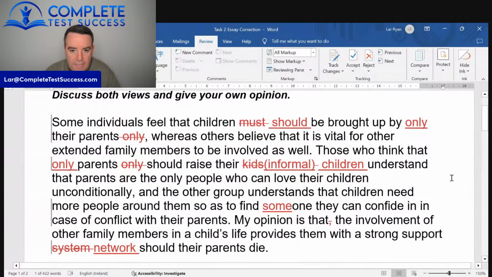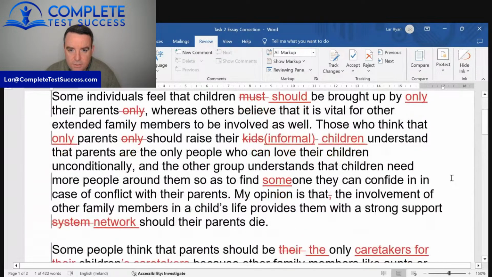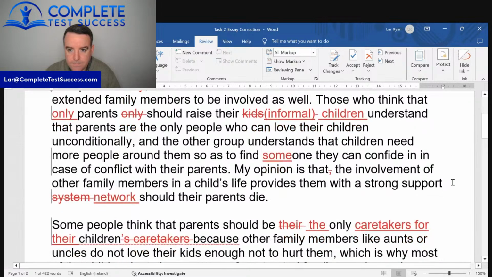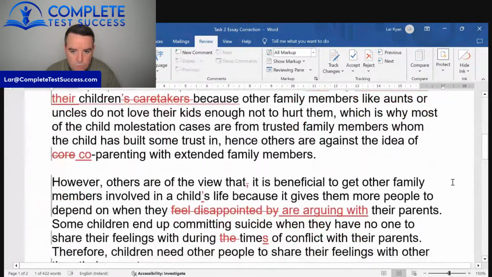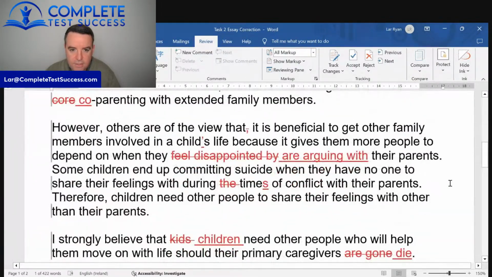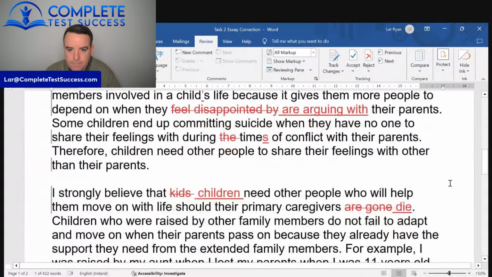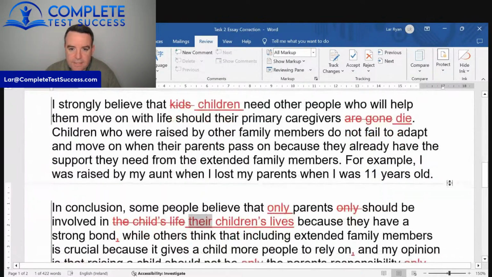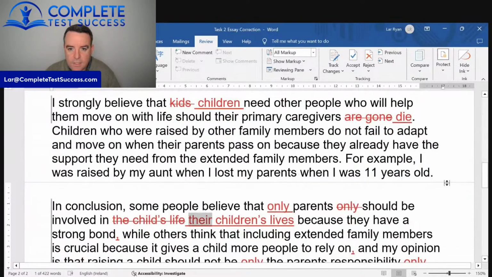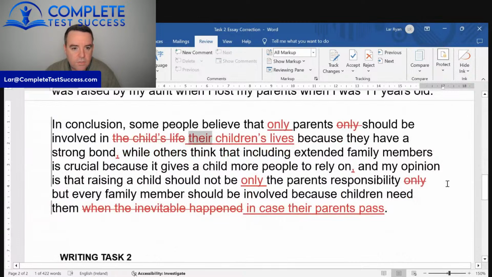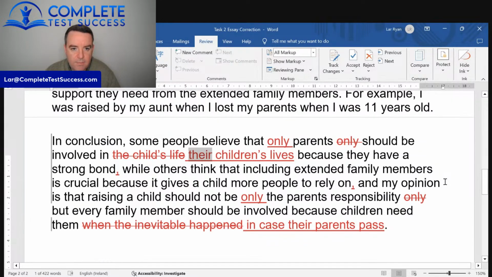Okay, so for vocabulary, there's actually a really, really good range. So we had a few informal words, great collocations, very good range. Not trying to use ridiculously complicated words, reusing words as and when it's necessary. Words like parents, people, family, family members.